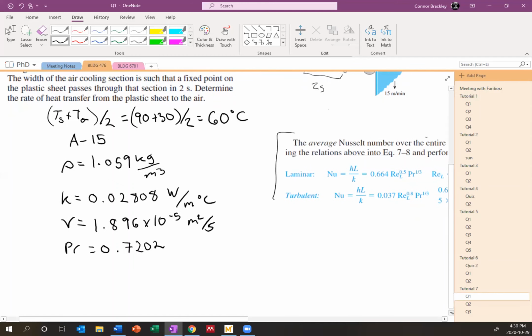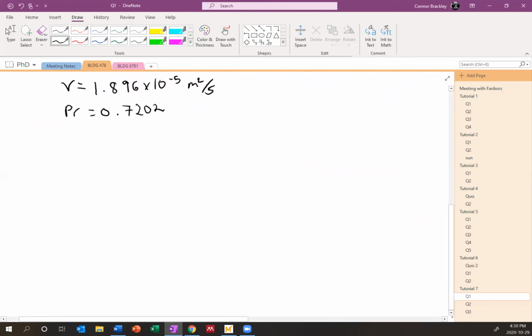Okay, and then I'll follow the answer key here. We're going to figure out the width, the amount of area under the influence of the airflow. So width is equal to our velocity times our delta t. This is the velocity of the sheet, not the velocity of the air.